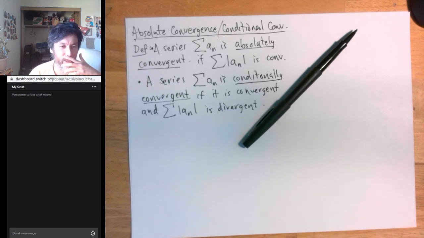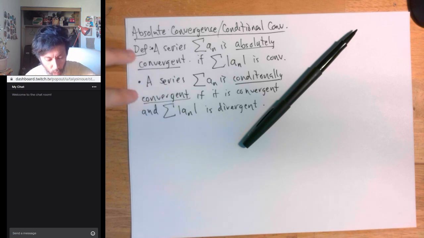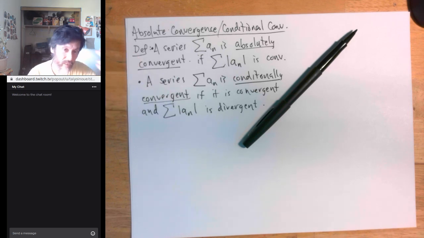Maybe I'm being too abstract about this. All I'm trying to say is that every convergent series is either absolutely convergent or conditionally convergent. That's my claim. Now, in reading these two definitions, is it really clear that that's the case?